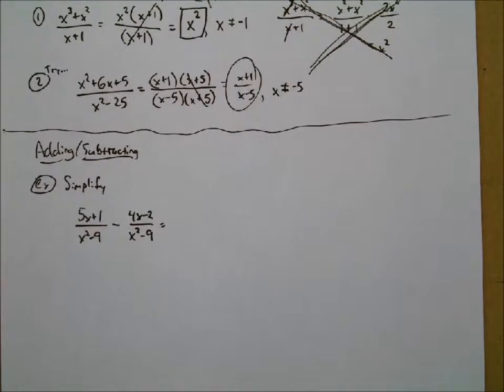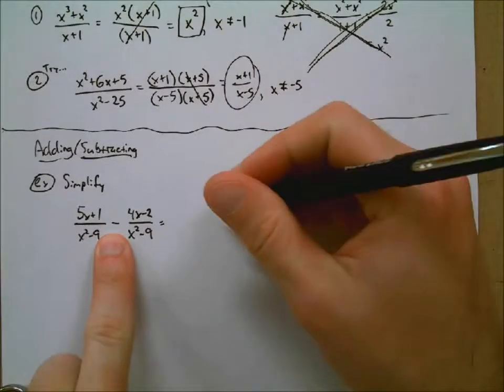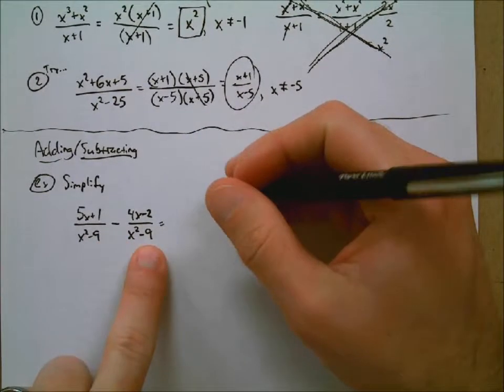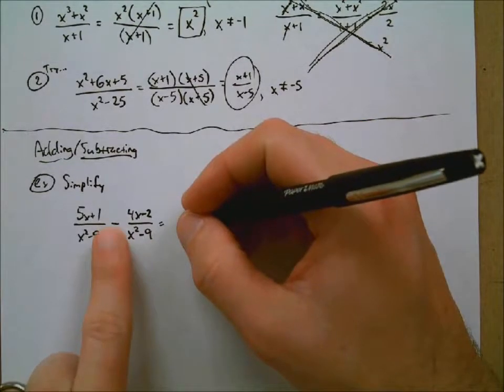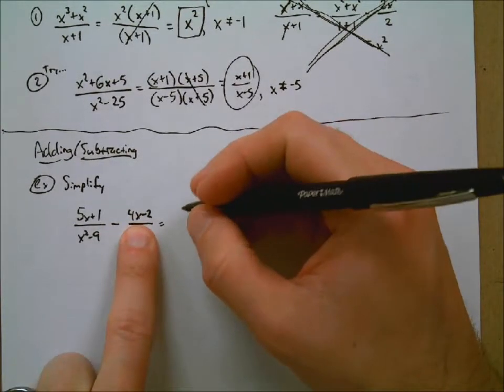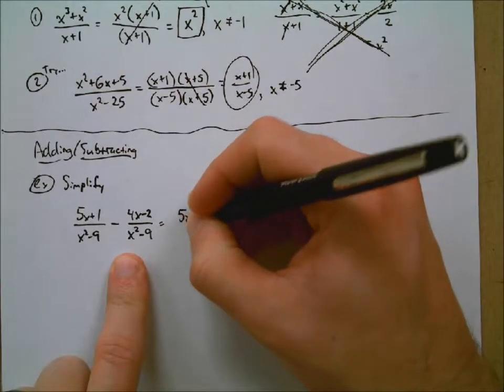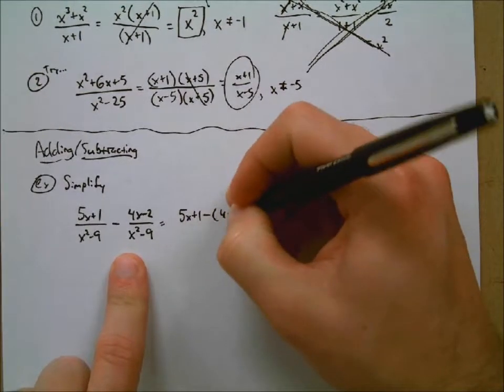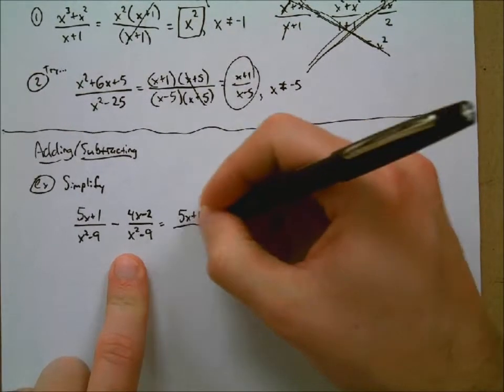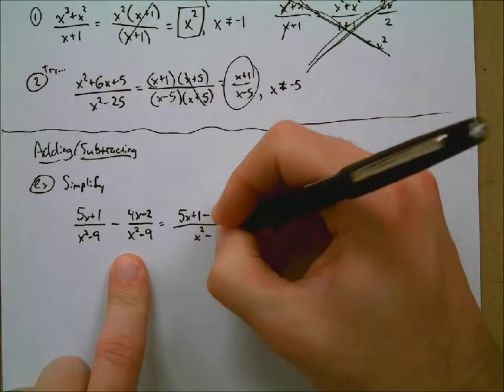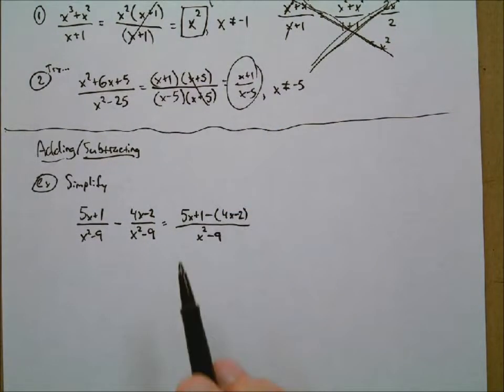So we can go ahead and put these things together. Now, this minus sign in front of the fraction distributes to both terms up here. So I'm going to write this out with maybe more steps than you normally would, just so you can see it here. I'm going to put these two fractions together over the x squared minus 9.